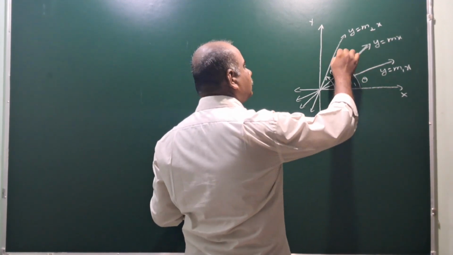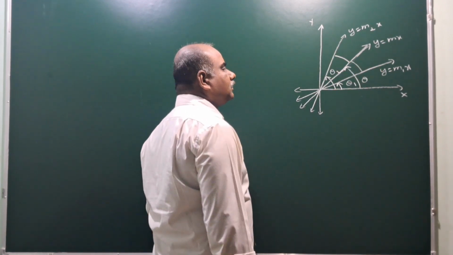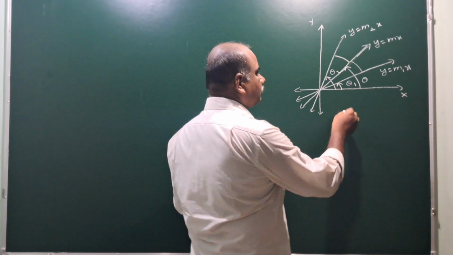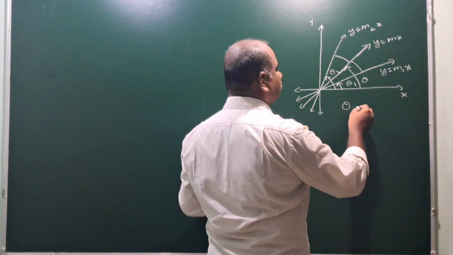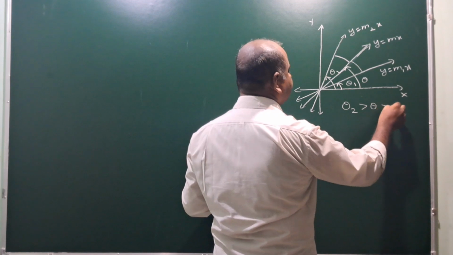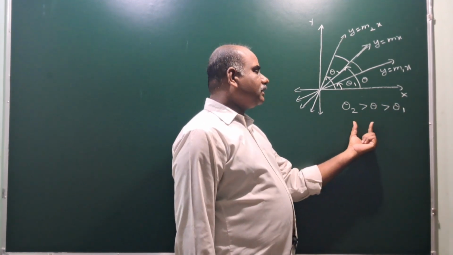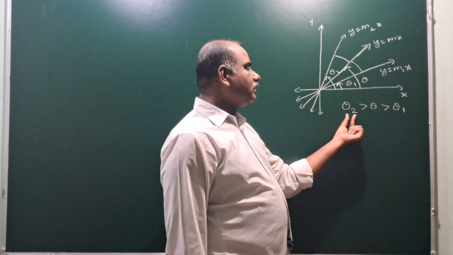Then these angles can be represented like this. Here theta 2 is greater than theta, and theta is greater than theta 1. So among these three angles, theta 2 is the largest angle.